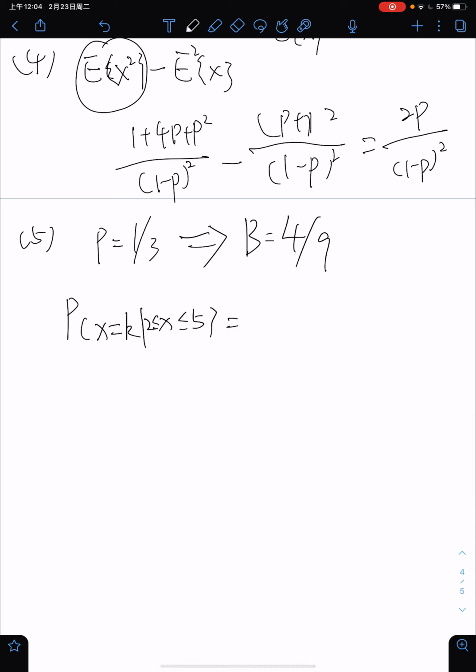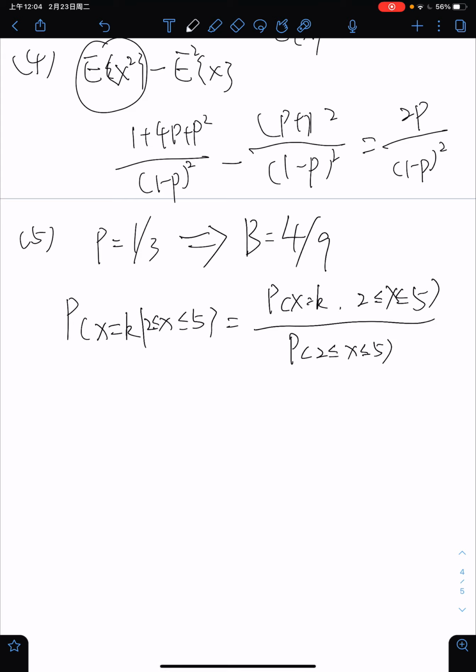We will change this in another situation, because this is the property of conditional probability. Okay, then we can change this in another way.